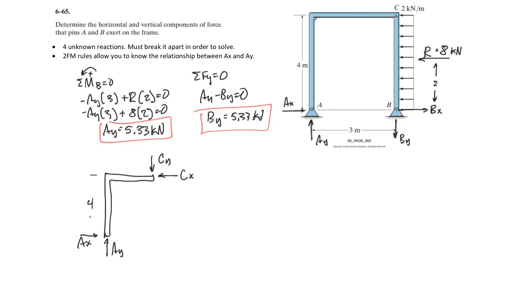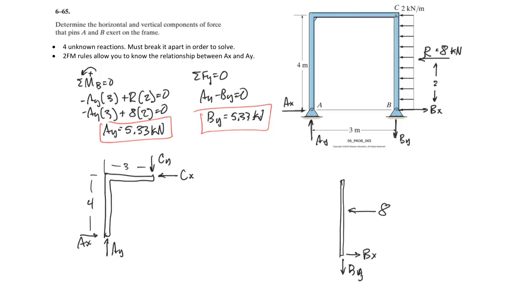This is 4 on that side and 3 on that side. Then over here I have this other member. It's got 8 going in this direction, and oops, BY is going the other way, isn't it? So BY goes this way, and BX.